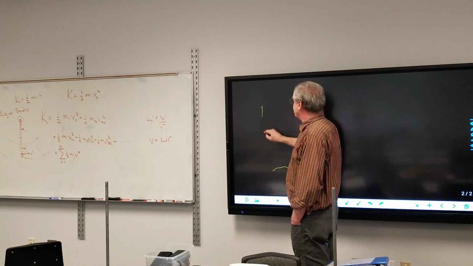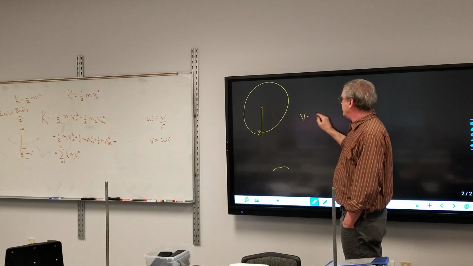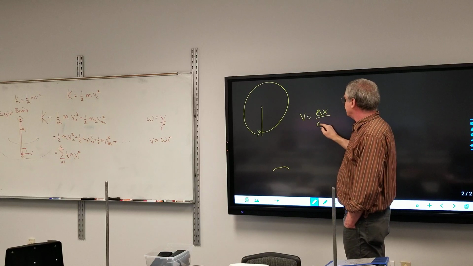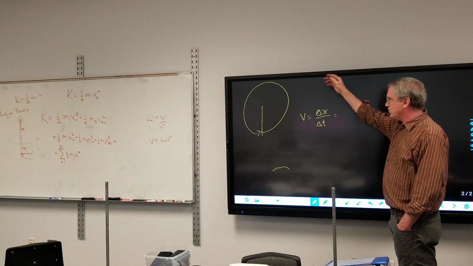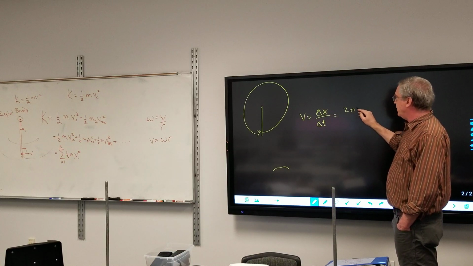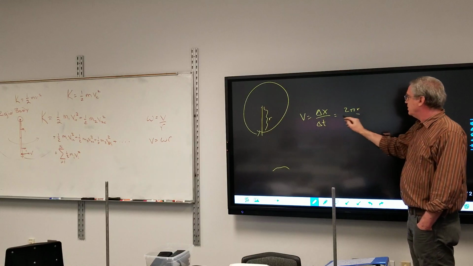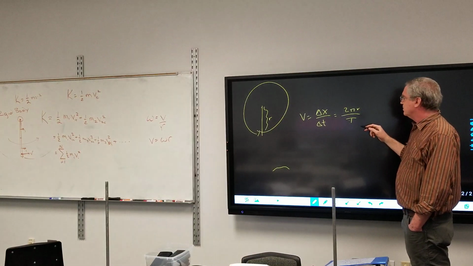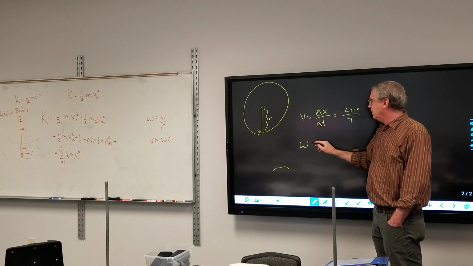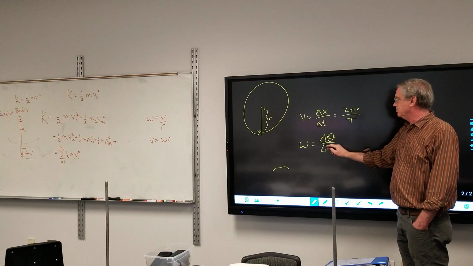If you wanted something more formal than that, as some of you might, if I have an object that is rotating around, the speed is the distance over time. The distance it travels going around once is 2 pi r, where this distance here is r, divided by, I'm going to use a capital T for period. The angular speed is equal to the change in the angle over time.